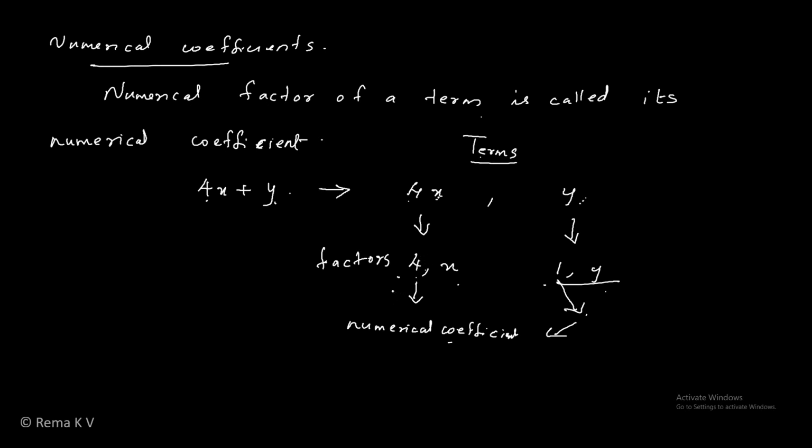Okay, the numerical factor of each term is the numerical coefficient of the term. So I will write here another example. 3x minus 4y plus 8.